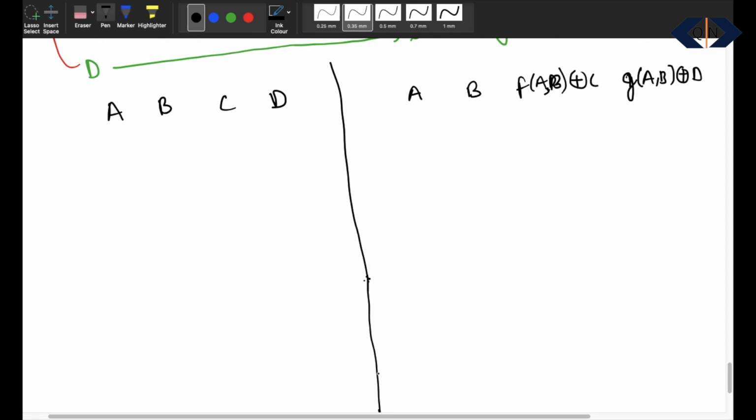Wherever it is 0, it will return the same function, else it will flip. So we will quickly write all the possible combinations.